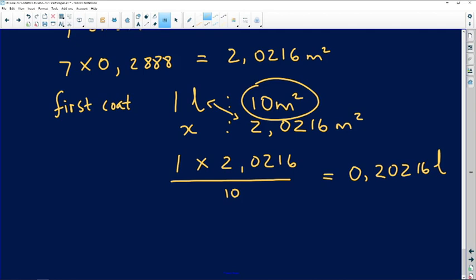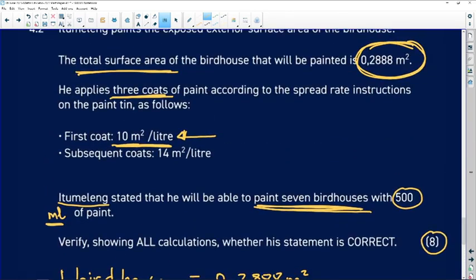And then I'm going to need for the second coat. For the second coat, I know that 1 liter is going to cover 14 meters square.